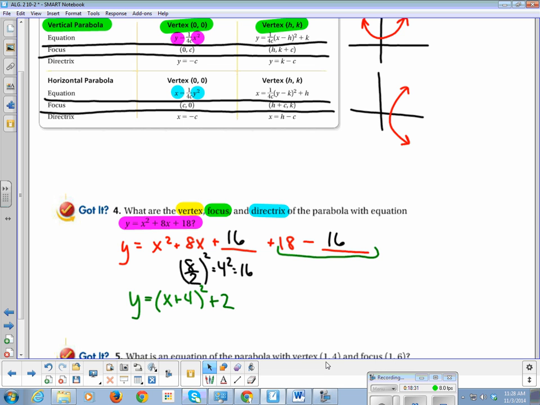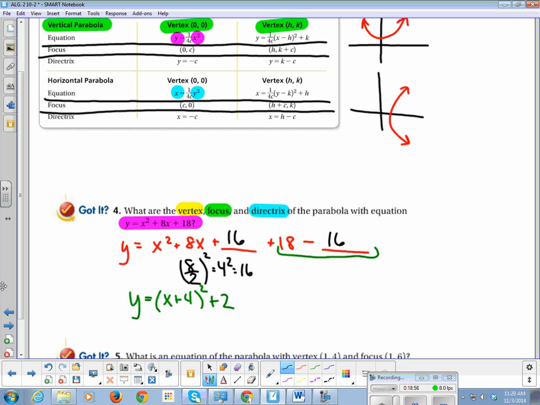So when we take this equation and we compare it to the vertical parabola where I have y equals and I have an x squared, I'm going to pull out my vertex, focus, and directrix.